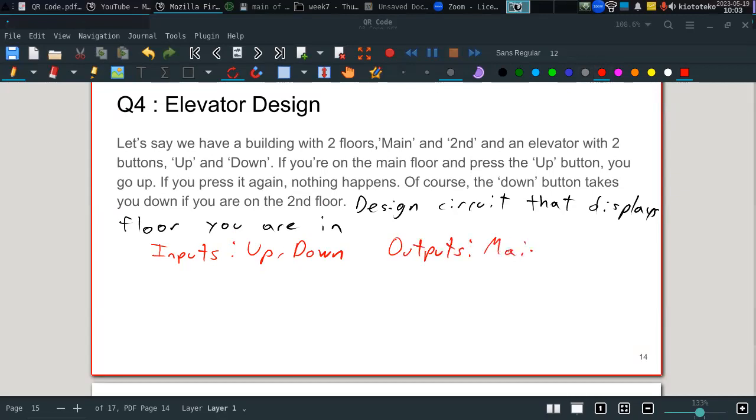Main and second. So, can anyone guess what's the number of states we need in this case, with a finite state machine?